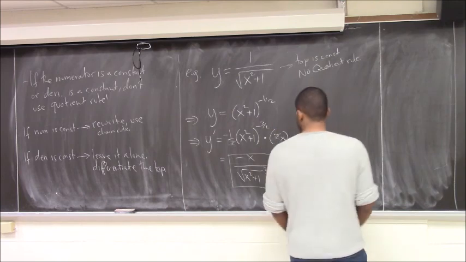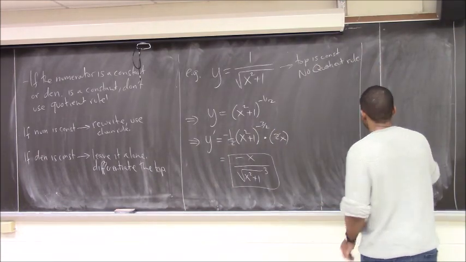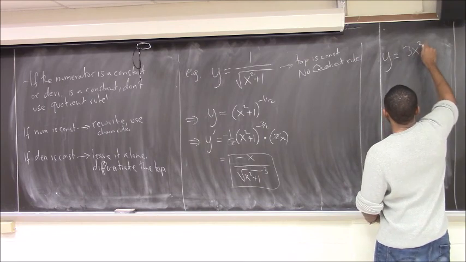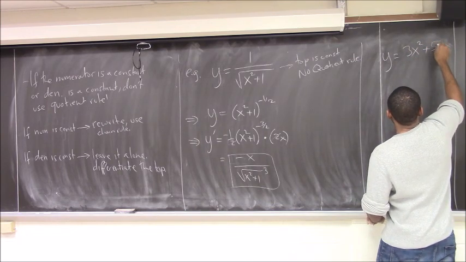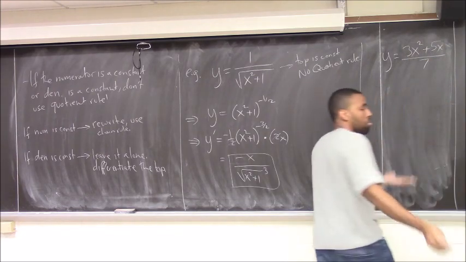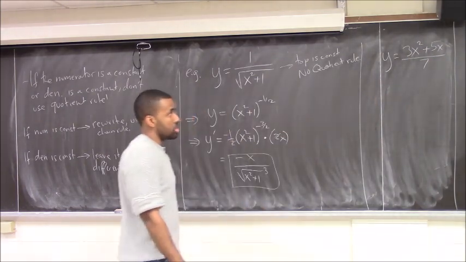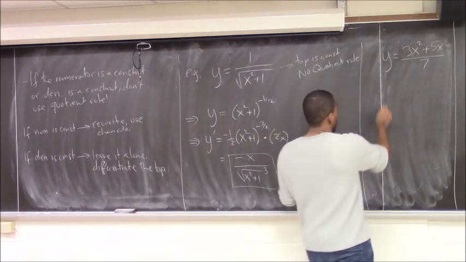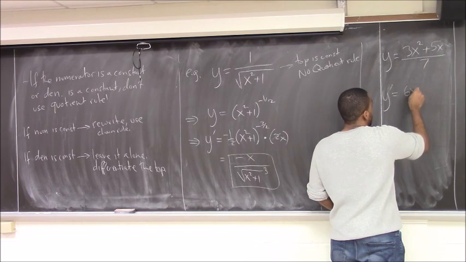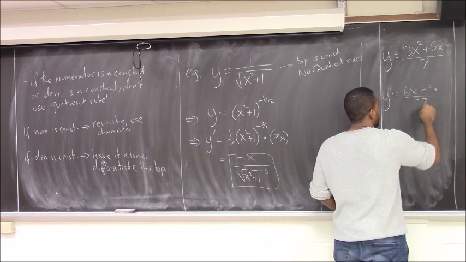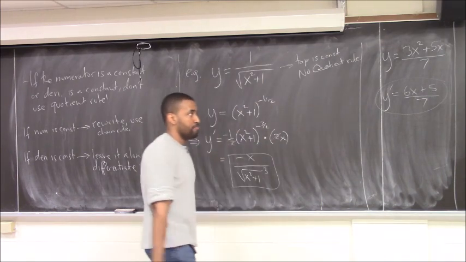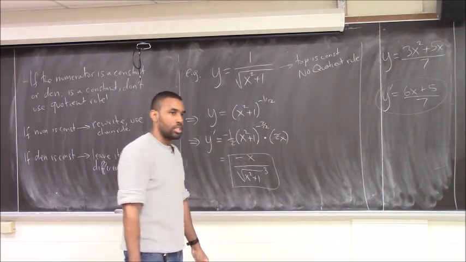If I had, for example, y equals something like 3x squared plus 5x over 7, in this case, the denominator is a constant. It turns out the derivative is going to just be differentiate the top, 6x plus 5, leave the bottom alone. That's your answer. Why does that work, by the way? Can you see why that works?